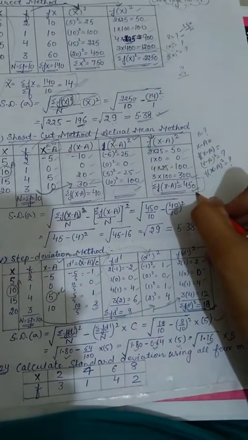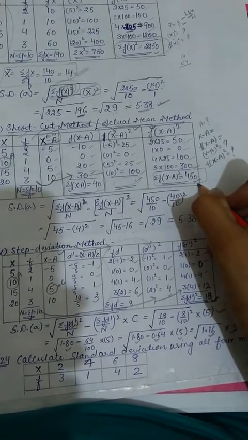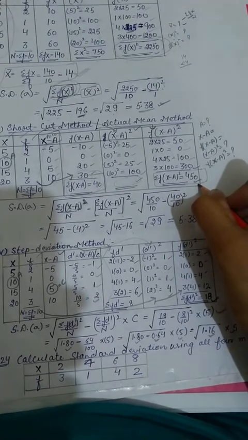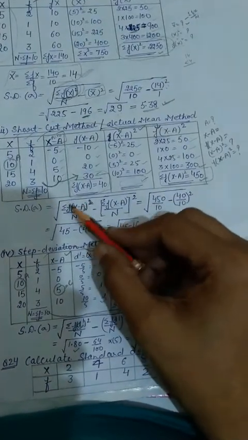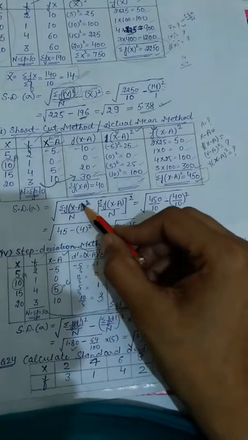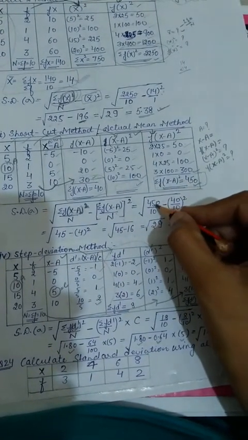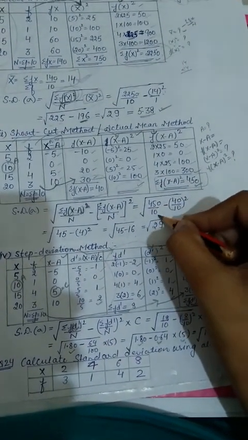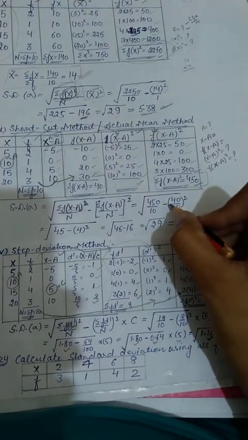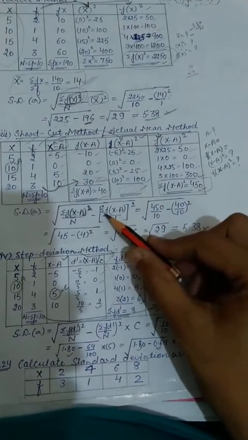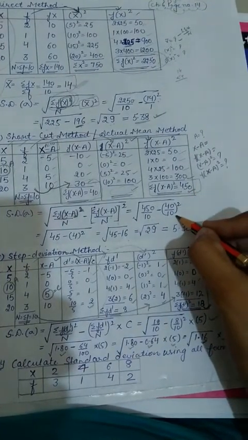Now according to the question, you have got all the values. You will put them in the formula: sigma f into x minus a whole square, that is 450 upon 10, minus sigma f into x minus a, that is 40 upon 10, whole square.